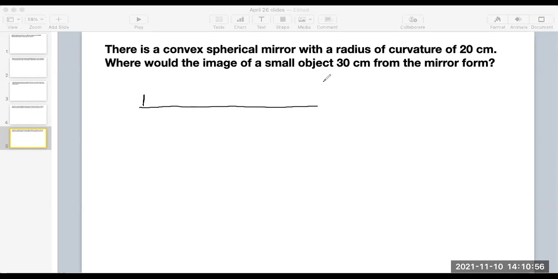Now our mirror is convex. So our focus and our radius of curvature. So yeah, see if you can get this one.